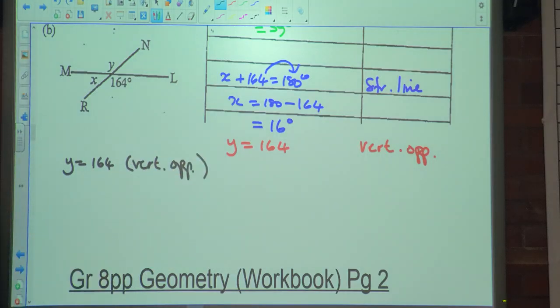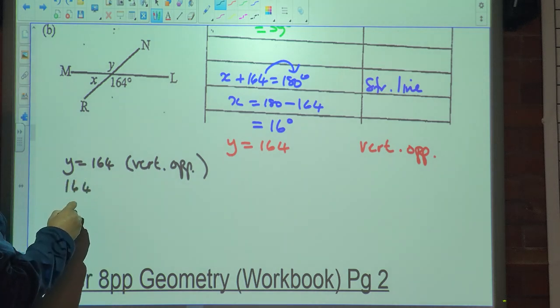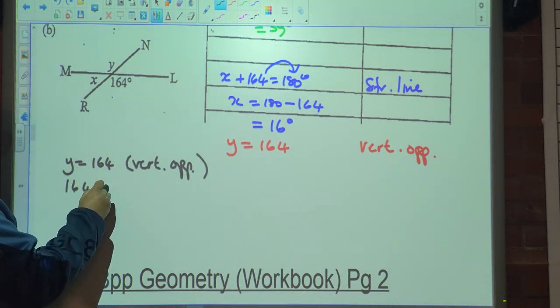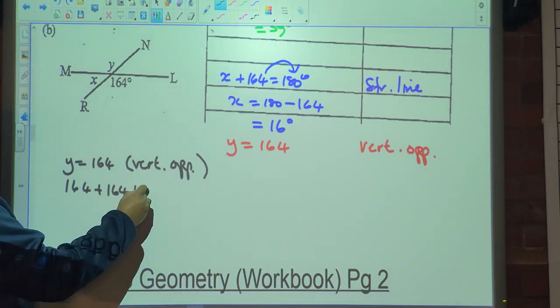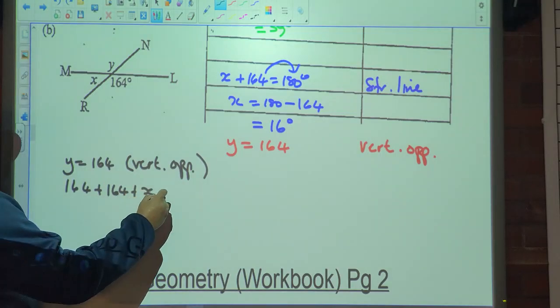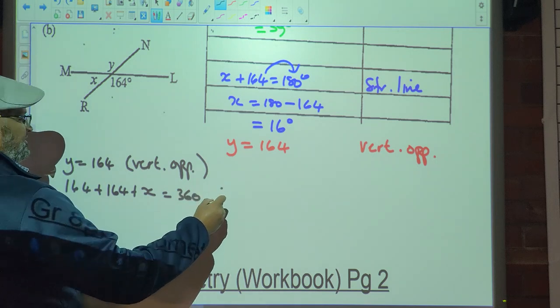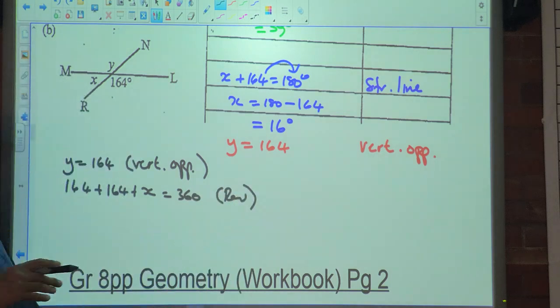Then what did you write? Then I said 164 plus 164 plus x plus x is equal to 360. Why? Revolution. Okay. Is that statement correct? No. Why?